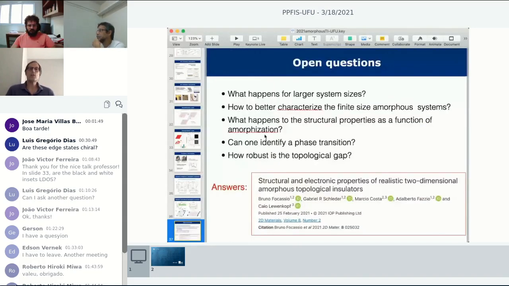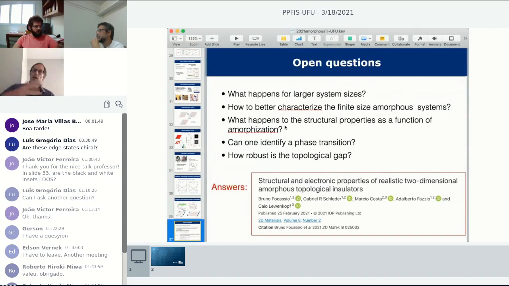The questions that we have to answer are: what happens for larger system sizes, because the systems were fairly small? And then how to better characterize the finite size amorphous systems. Before, we didn't know how to compute the spot index, and now we do. And that's the more tricky one. What happens to the structural properties as a function of amorphization?